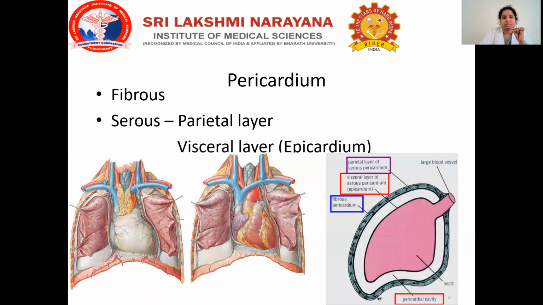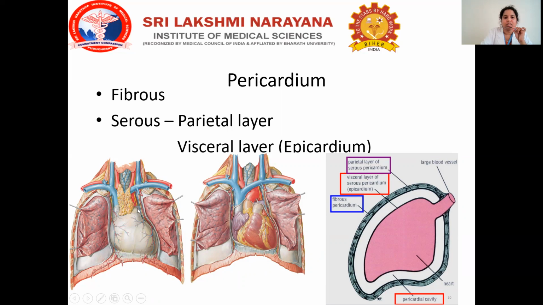Coming to the pericardium. The pericardium is the covering of the heart. There are two types of pericardium: fibrous pericardium and serous pericardium. The fibrous pericardium is like an open sac. It encloses the entire heart. Above, it is open; below, the sac is closed.